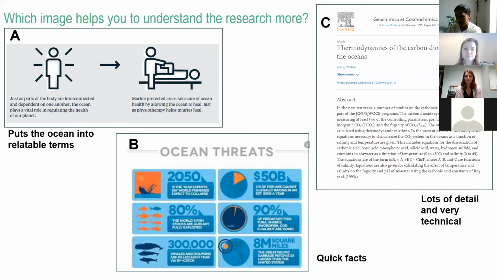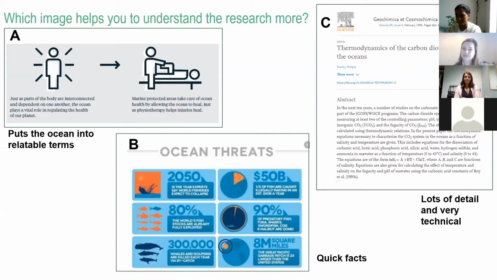A is an example which takes a very large problem, so the ocean, which a lot of people know of, or in a wide context, and then puts it into a body. So you can start talking about the ocean in terms of a really relatable human factor, in terms of the interconnectivity and the dependence of the ocean on different areas. So again, just turning your research into something that people can relate to.